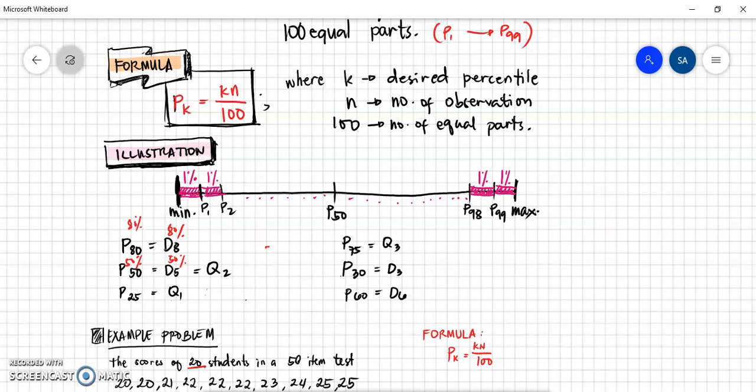P sub 75 or percentile 75 is also equal to quartile 3. Next, we have P sub 30. P sub 30 is equal also to decimal 3. And P sub 60 is equal also to decimal 6. So that is for percentile. Again, the formula for percentile, we have P sub k is equal to kn over 100.